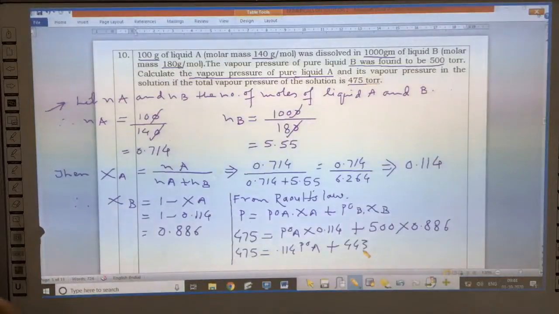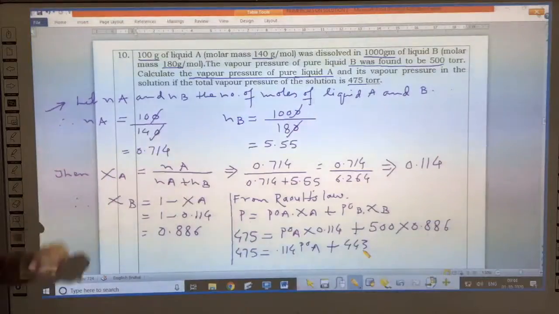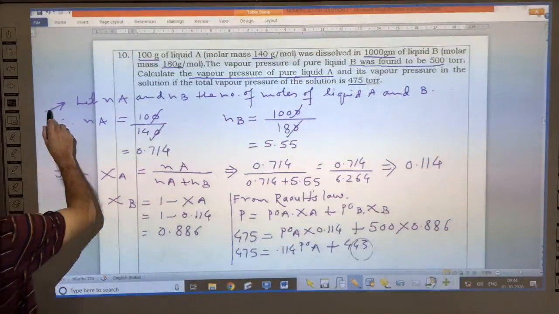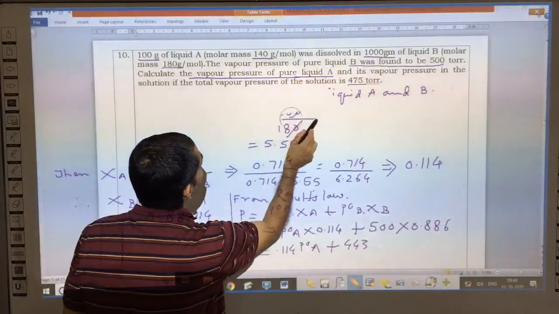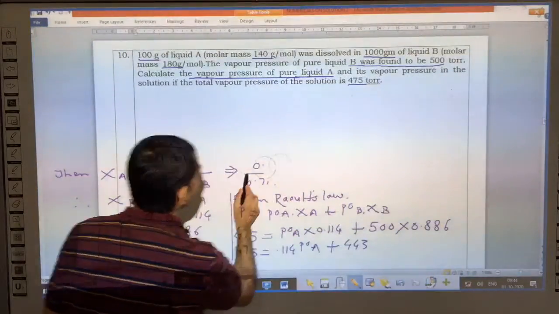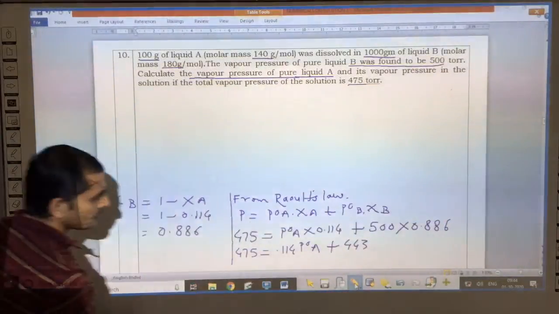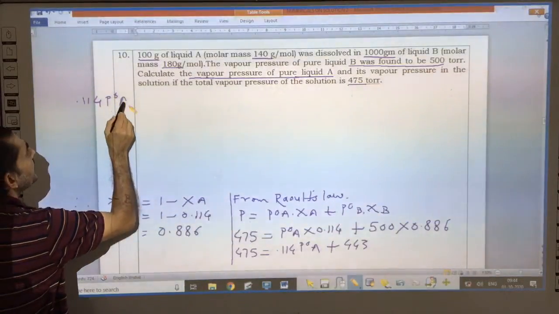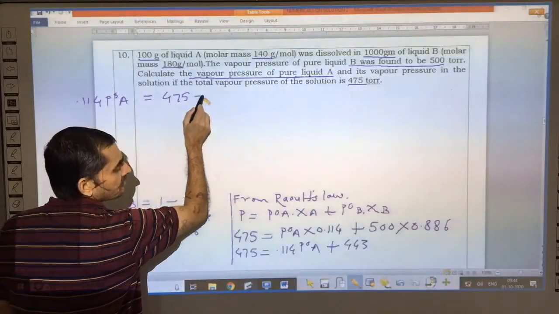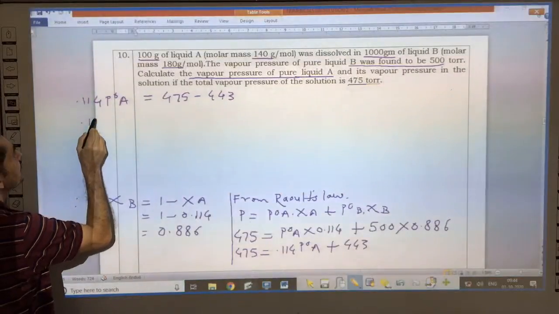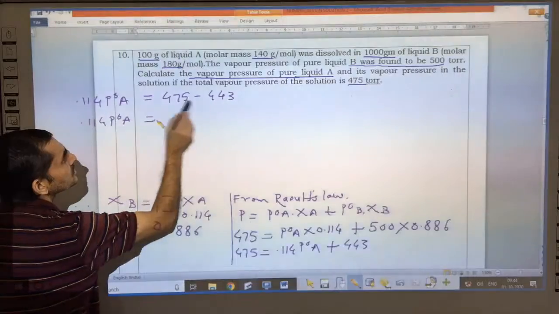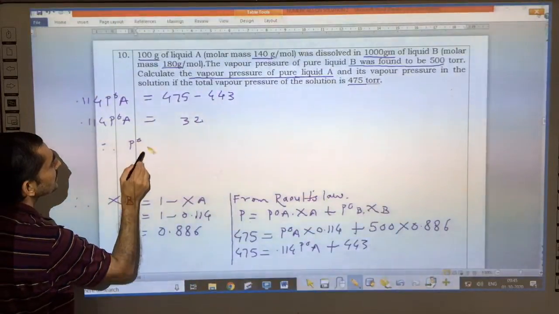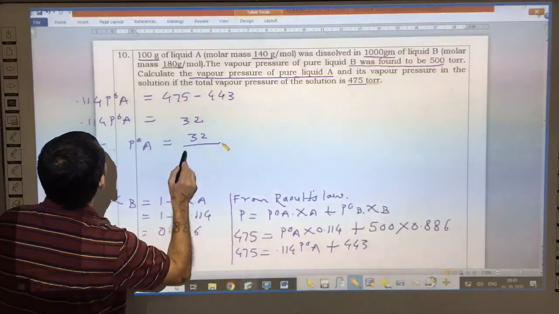Now we have to calculate P naught A. 0.114 P naught A is equal to 475 minus 443, which is 32. Therefore P naught A is 32 upon 0.114.